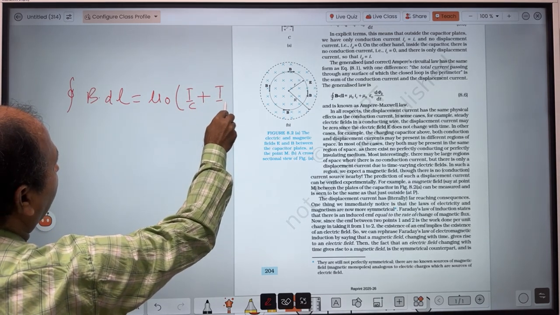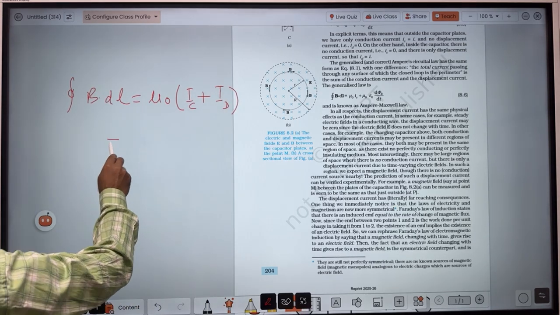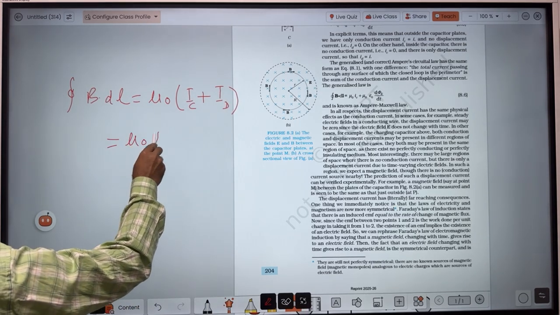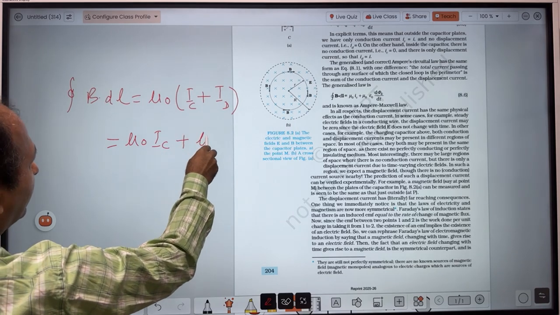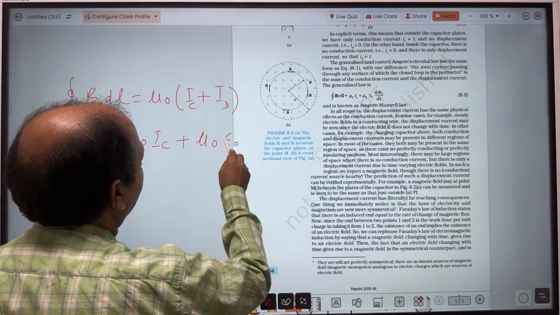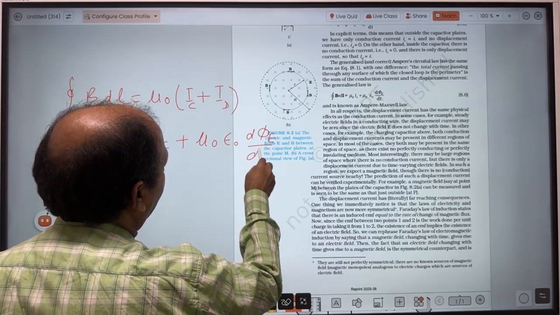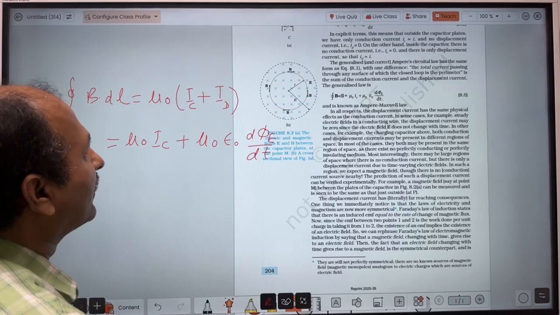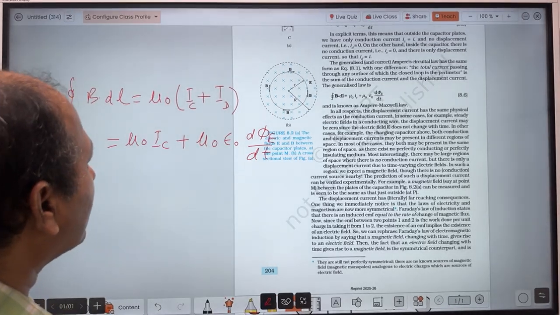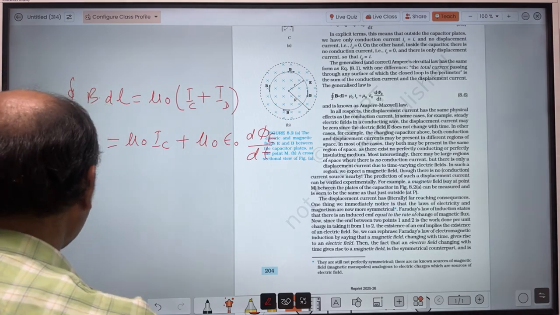Here you can write IC, conduction current, and ID, and then put the value of ID. So this will become mu naught IC plus mu naught, and ID we have already found as epsilon naught d phi E by dt, right? So this is also known as Ampere Maxwell law.